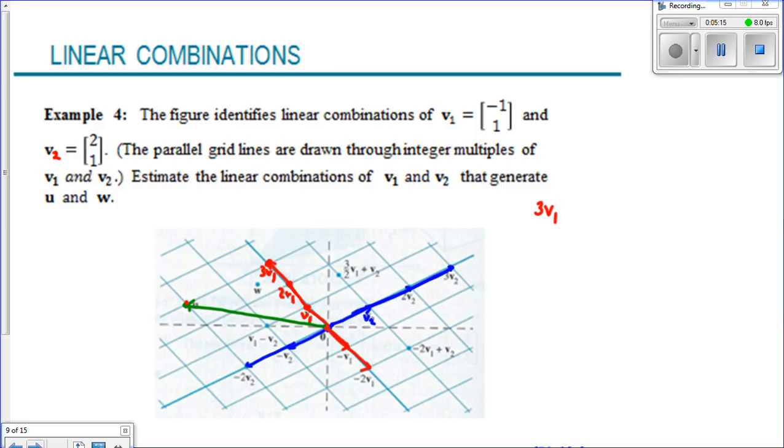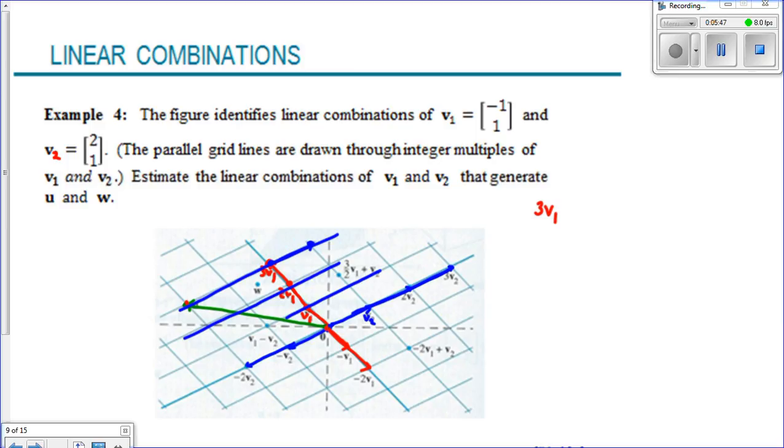So now what about the v2? Well, again, moving parallel to v2, we have all these other lines, this grid. These are all parallel to v2. Okay, so if we start here at the tip of 3v1, if we added 1v2 to that, we would be over here at this point.